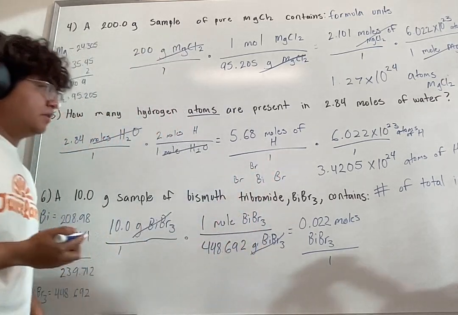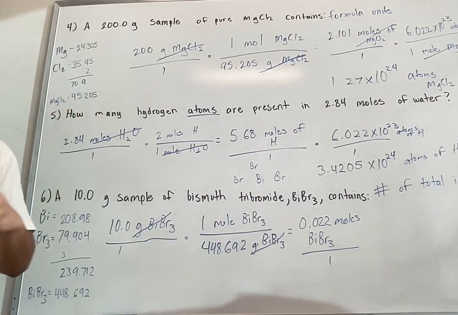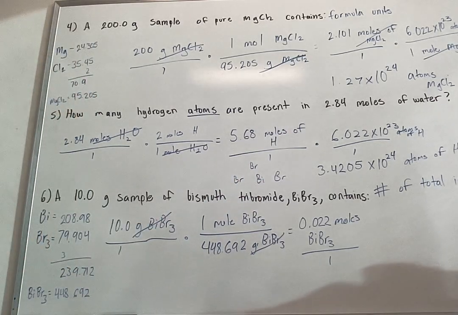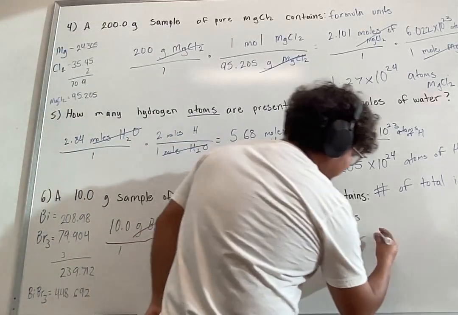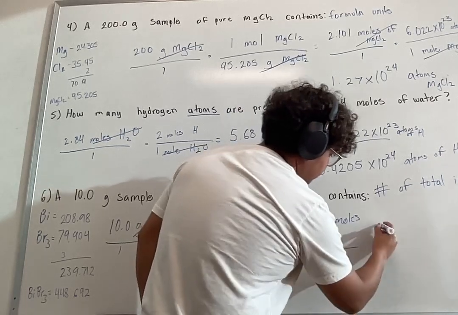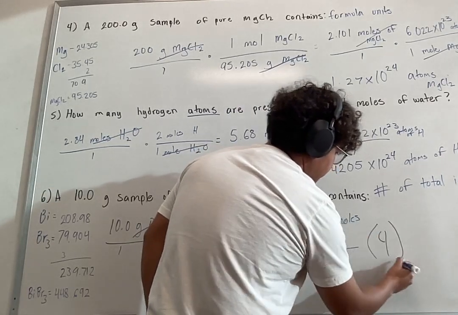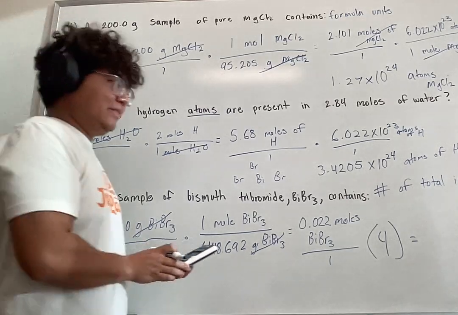So 3 bromines. So in total, you've got 1, 2, 3, 4 ions, and that's what we're going to multiply our moles by. So you get 0.022 times 4, sorry, don't forget, 4, because that's how many ions you've got, equals 0.089.